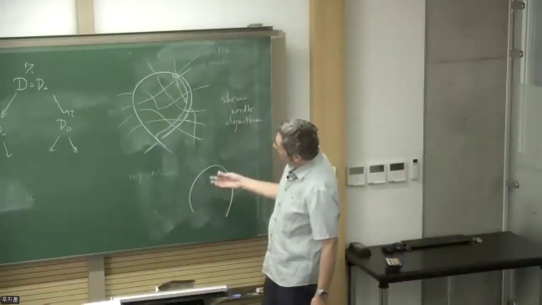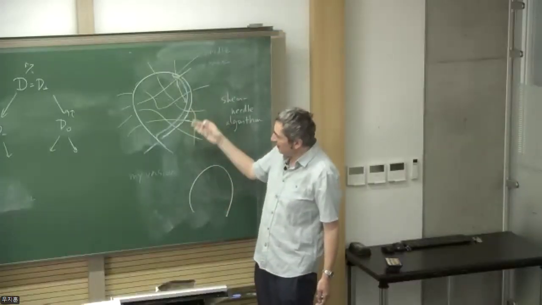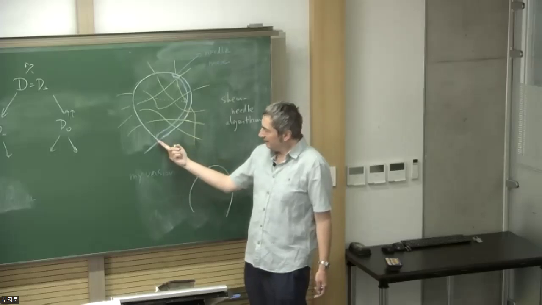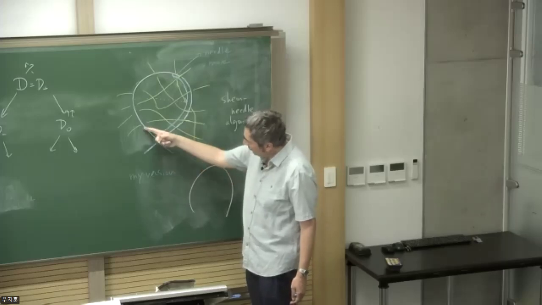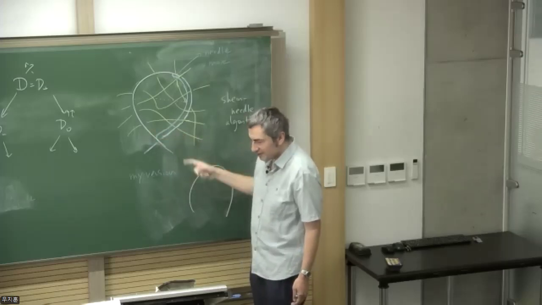Because you see, when you want to do this kind of thing, you do not really need that these fragments meet at the crossing. It is enough if they form two edges within the same region.